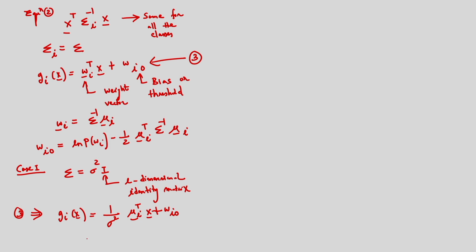And in this case, what is sigma to the power minus 1? That is the inverse of the covariance matrix, 1 by sigma square I, where I is the identity matrix. So what will be the decision hyperplanes?